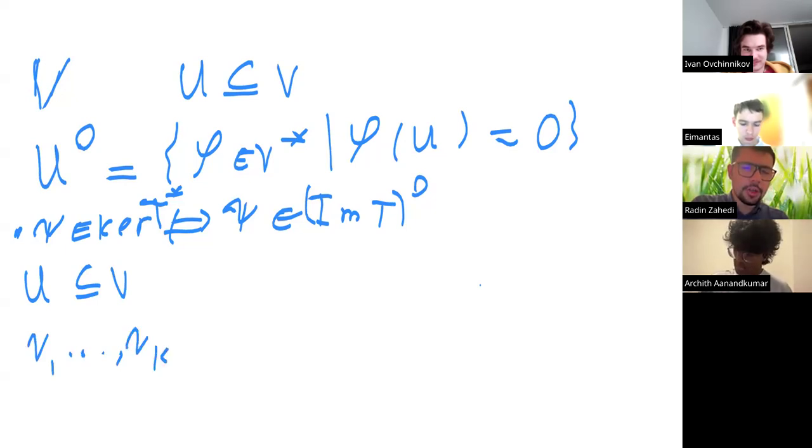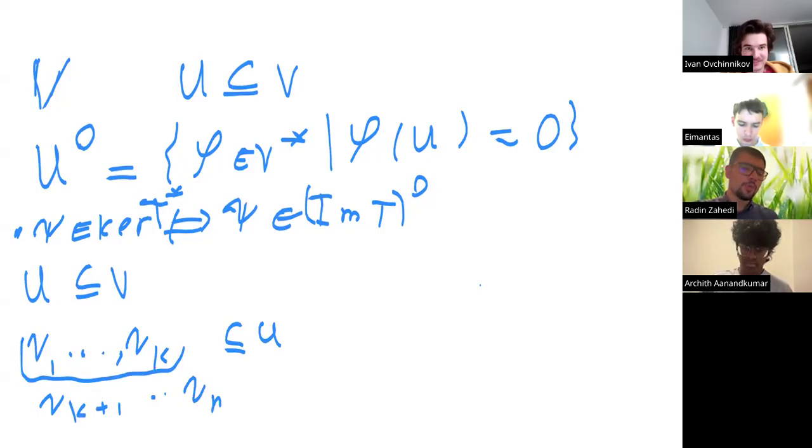These are all bases for U, and we can extend it to a basis for V, right? So the first k elements form a basis of U, and we extend it to a basis of V. Is that clear?